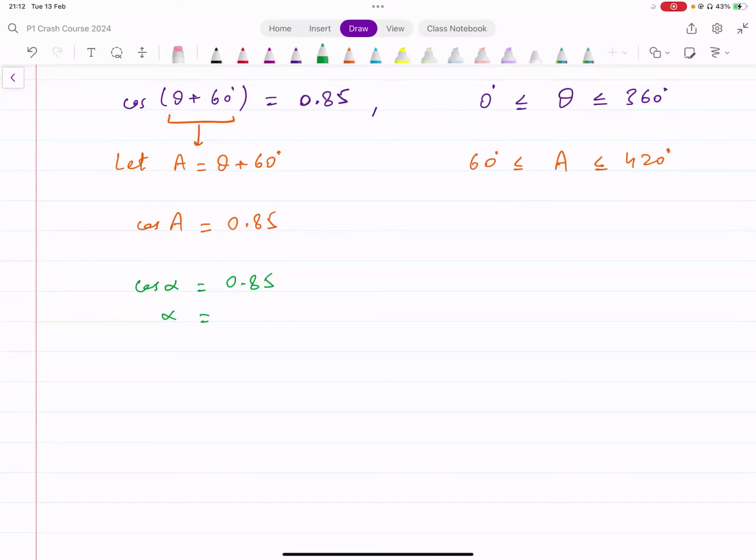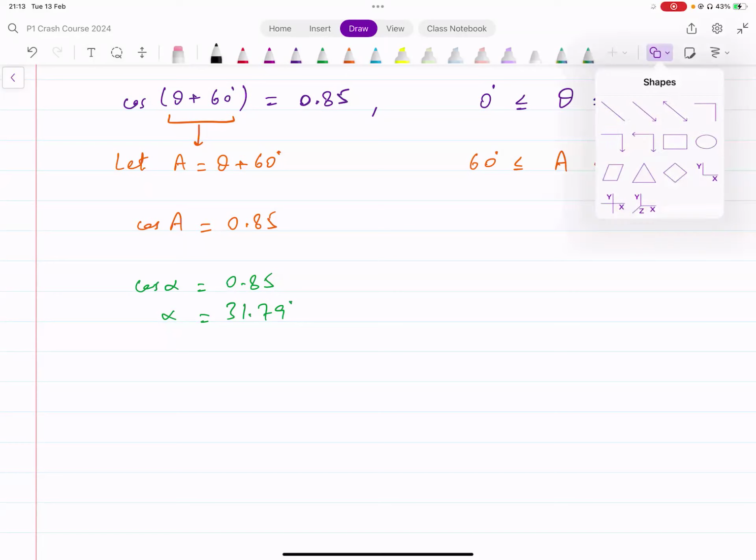So what's alpha then? 31.79 degrees. Okay, that's the value of alpha. Was anyone saying something? Were you telling me the answer from this? Yes, sir. Okay, all right, thank you. So basic angle is 31.79. Okay, we find that angle.